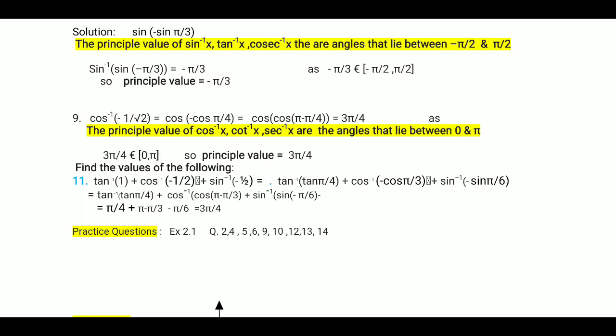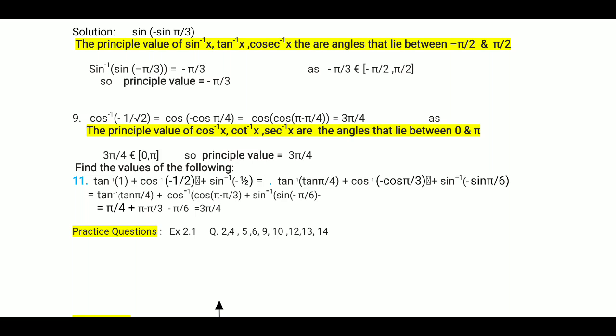So cos inverse cos pi minus pi by 3 plus sine inverse sine. Now sine has its principal value branch minus pi by 2 to pi by 2, so minus sine will be in the fourth quadrant.